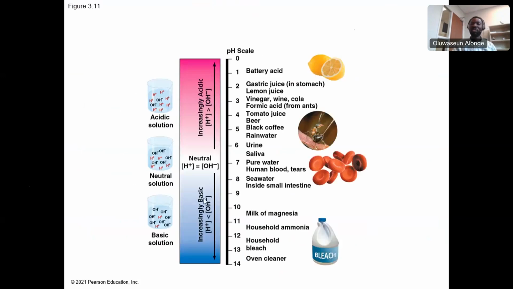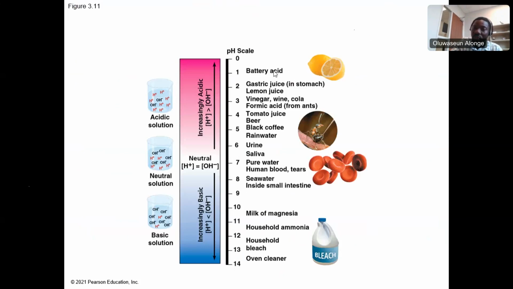So you see this is the pH scale. Anything greater than 7 is basic. So you see 7, 8, 9, 10. That means 14 is more basic than 8. And when you come to acidity, 1 is more acidic than 6.